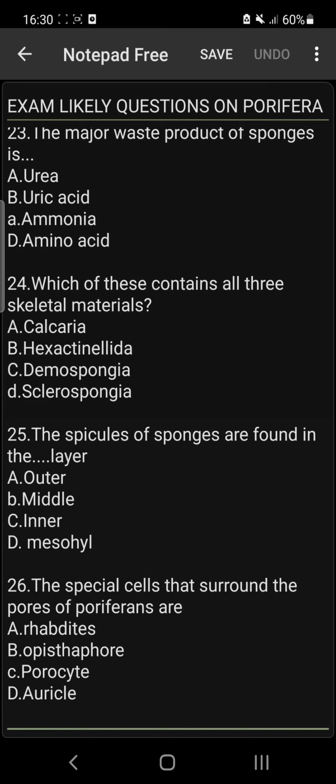Number 25. The spicules of sponges are found in the middle layer. They are found in the middle layer, and spicules in sponges are forms of what? Skeleton. Please, the form of skeleton found in sponges are called what? Spicules. Take note of that.